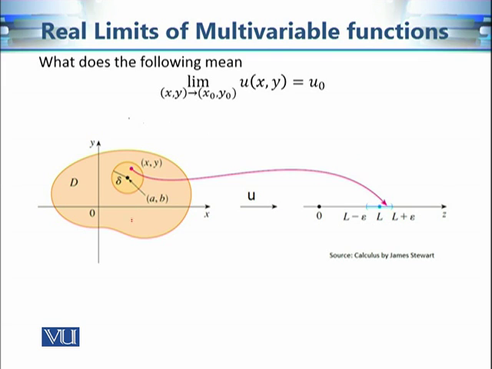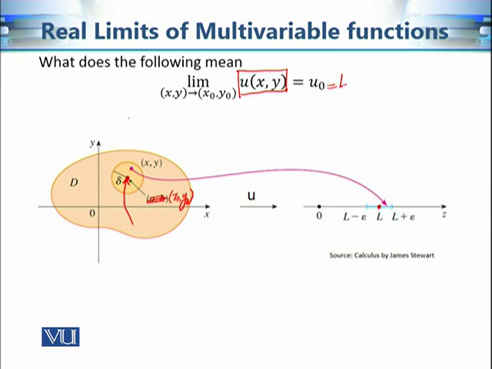So whenever we are getting closer and closer to this point x0, y0, then the functional values, which are of course real numbers, are getting closer and closer to this value.